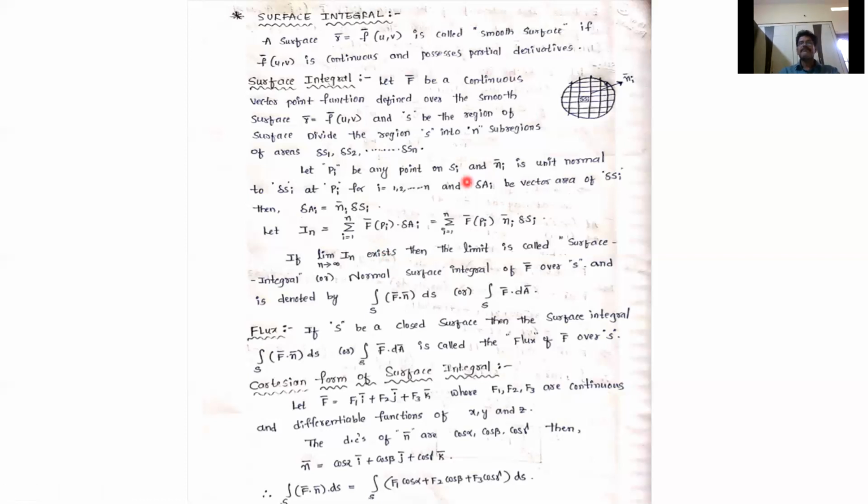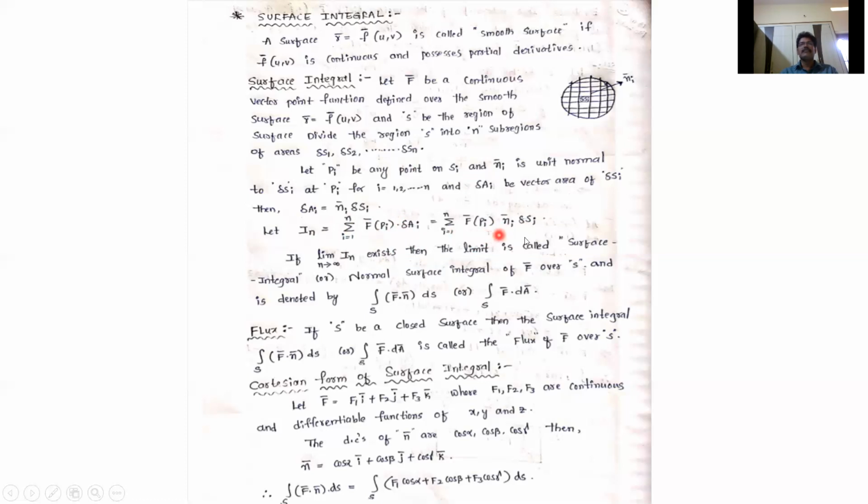But since delta Ai bar is the vector area and delta S is the area of the surface, delta Ai bar equal to Ni bar delta S. Therefore finally we get In equal to sigma i equal to 1 to n of f bar Pi dot Ni bar delta S.